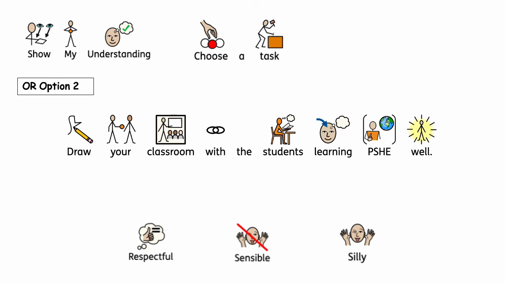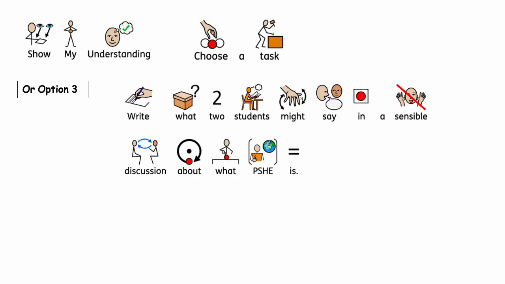So the second task is to choose to draw what you think a good learning environment, a good learning classroom in PSHE looks like. Or number 3, you can choose to write down what 2 students might say if they were having a sensible discussion about what PSHE is.